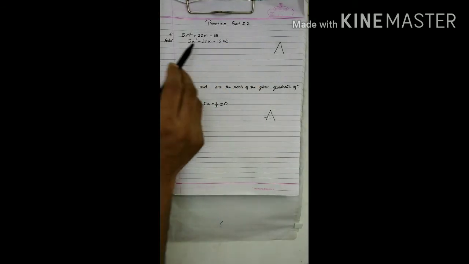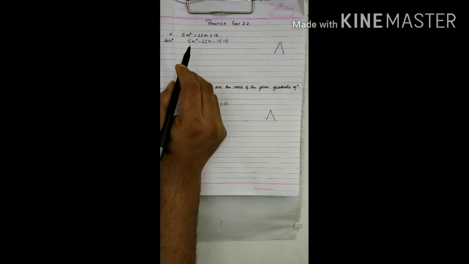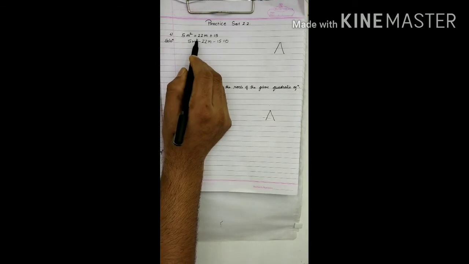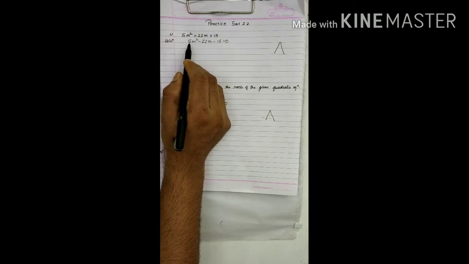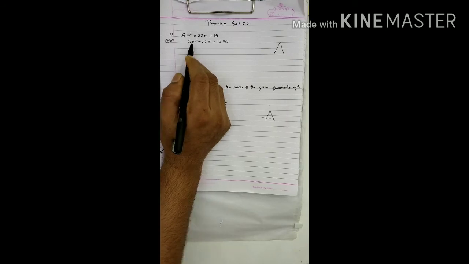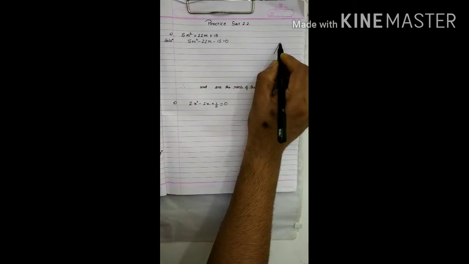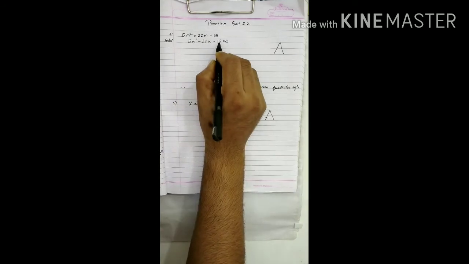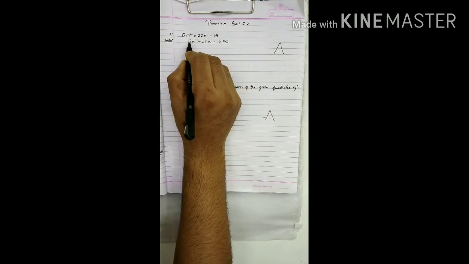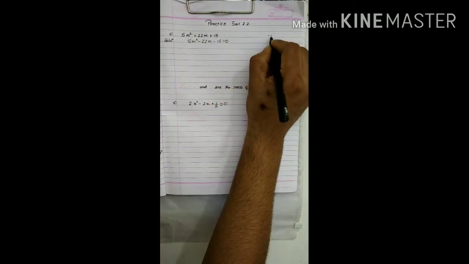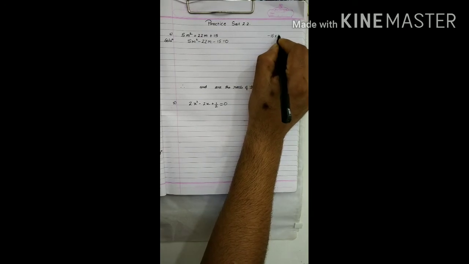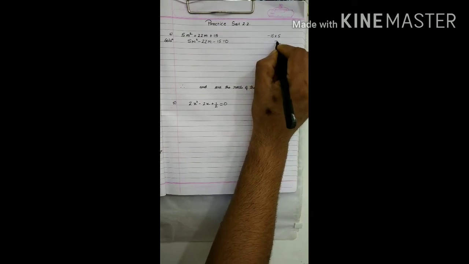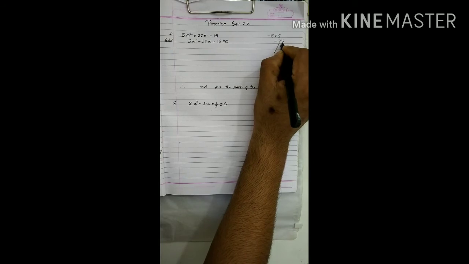The difference between this and the previous example we solved is the coefficient of square term is not 1. It is some number, that is 5. So in this case, what we need to write here is the multiplication of the constant term and the square term. So minus 15 into 5 is minus 75.